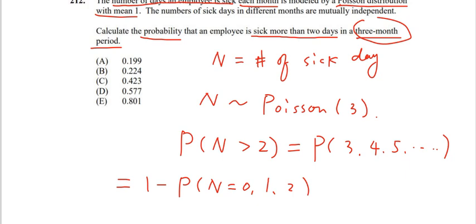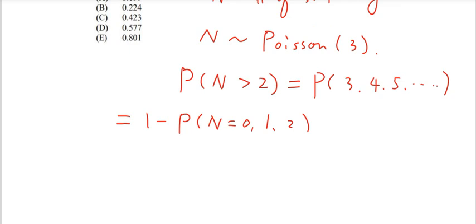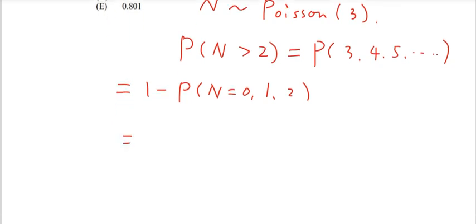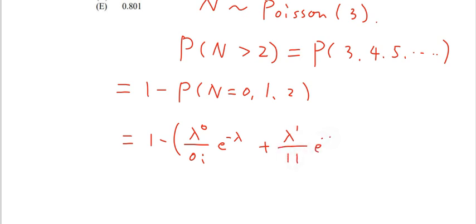Using the formula, this equals 1 minus: for n equals 0, lambda 0 over 0 factorial times e to the negative lambda, then lambda 1 over 1 factorial times e to the negative lambda, and lambda square over 2 factorial times e to the negative lambda.